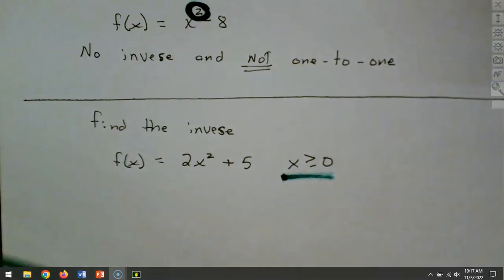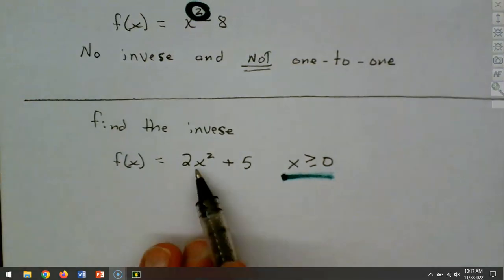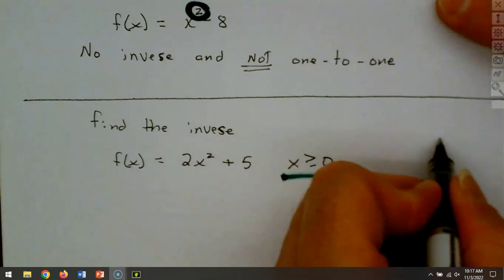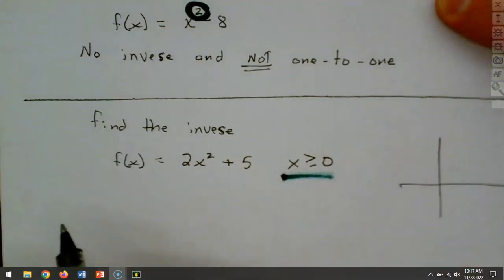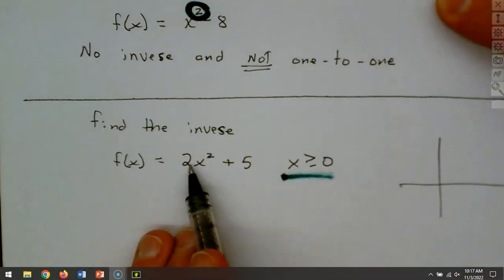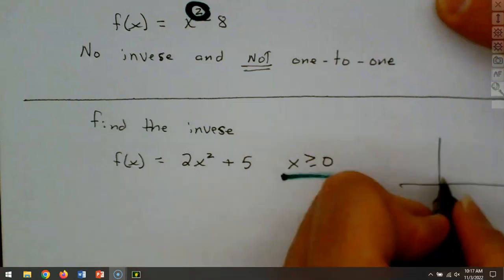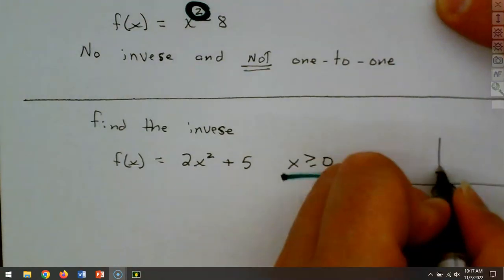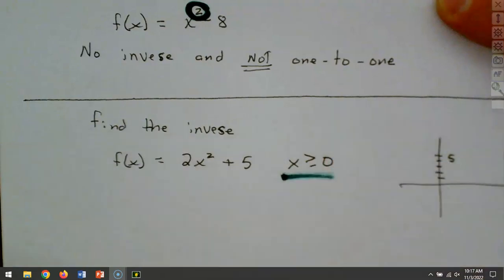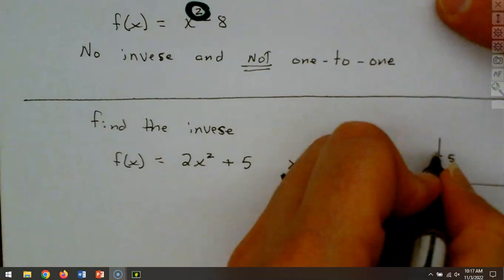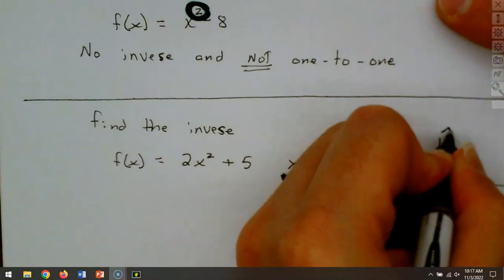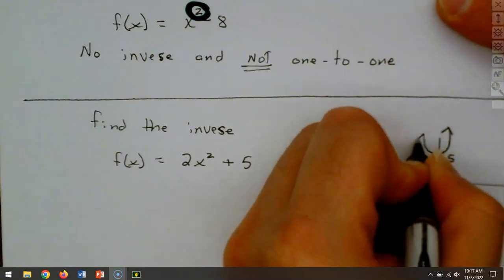Because if I were to graph this one, this is 2x squared plus 5, so I would start up 5 units. And if I were to just graph it, then I would get a U.